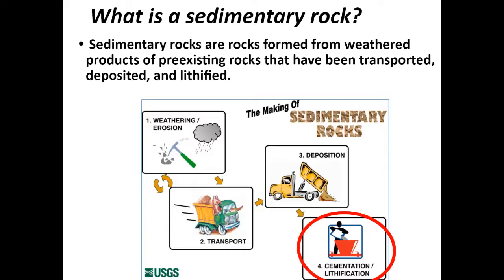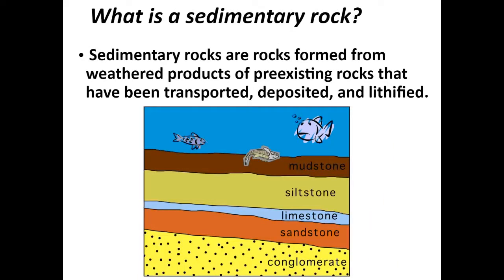And then after deposition, the sediments may or may not eventually become a sedimentary rock. It all depends on whether or not they get buried and then they are compressed and cemented over time. So sedimentary rocks are rocks formed from weathered products of pre-existing rocks that have been transported, deposited, and lithified.